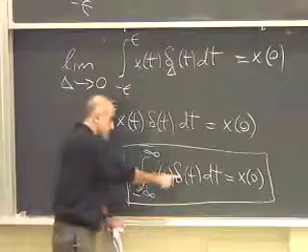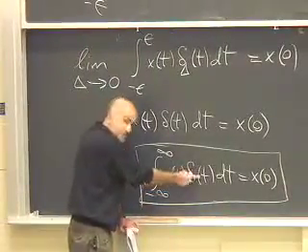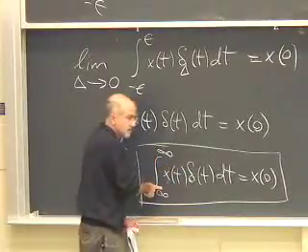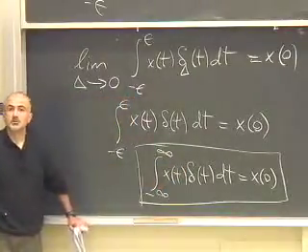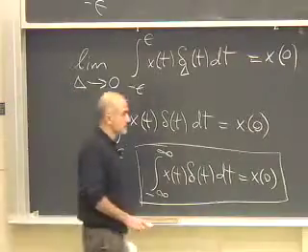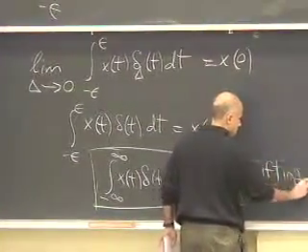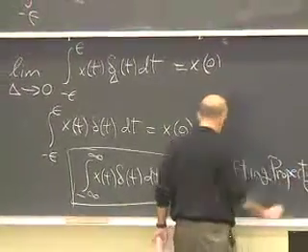When the delta comes in contact with a function that happens to be continuous at the location where the delta is active, and you place it inside an integral, you get the value of the function at that location of activity of the delta. This property is called the sifting property of the Dirac delta.